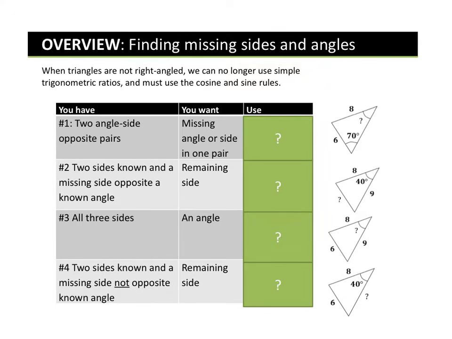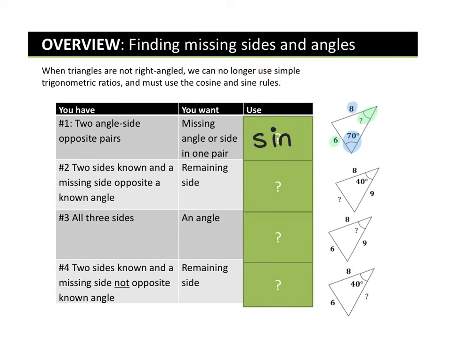And you have 2 angle side opposite pairs. Okay, so what this means is you have an angle here, and opposite you have the side, and you have the angle here, and opposite you have the side length. If we have that, we're going to be using the sine rule.